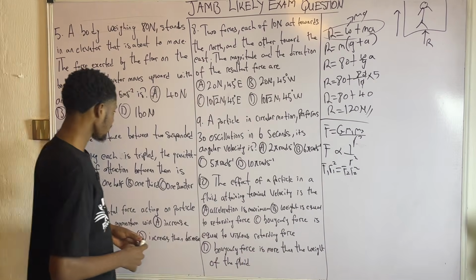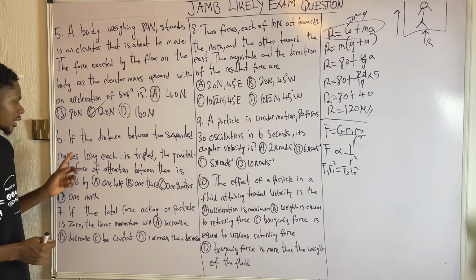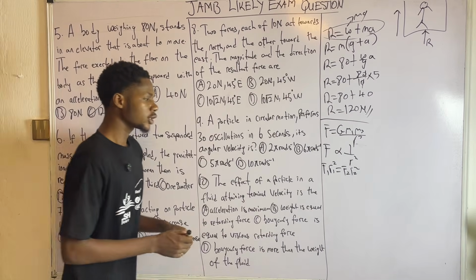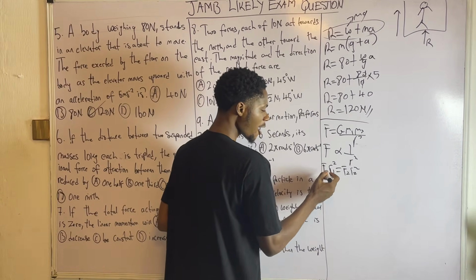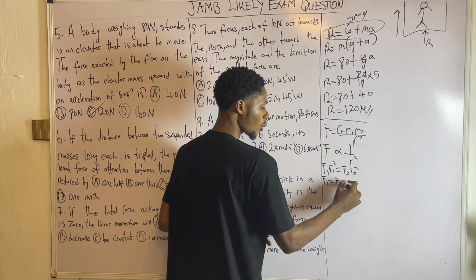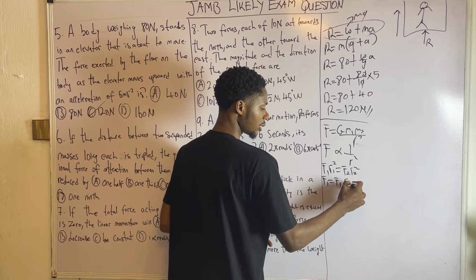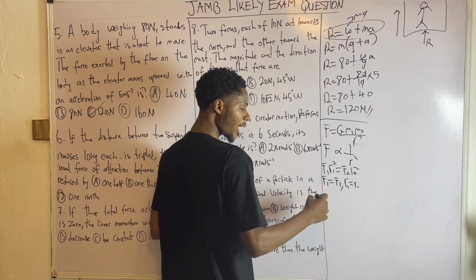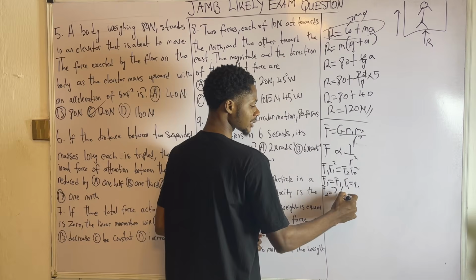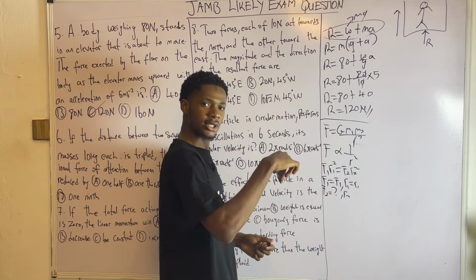So from here, the question says if the distance between two suspended masses is tripled. Let's say, for example, F1 is the initial force, while the initial distance is R1. Then they want us to find the new force F2, and the distance R2 is triple, that is 3 times R1.